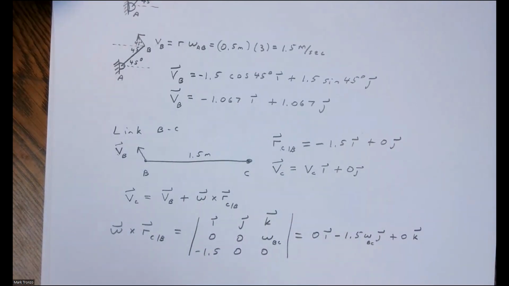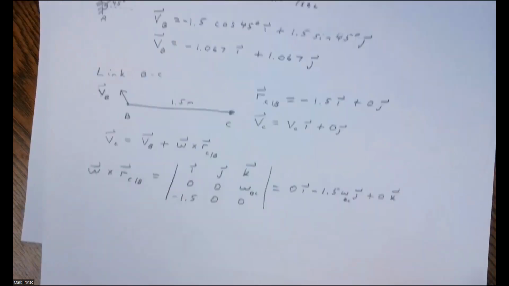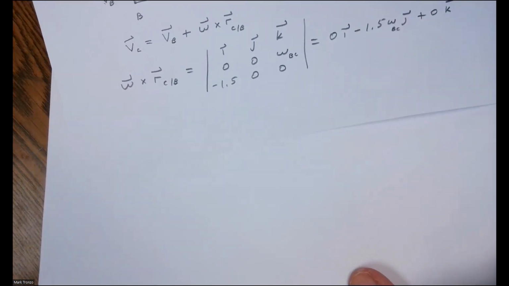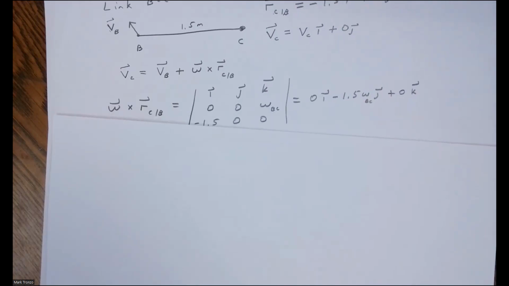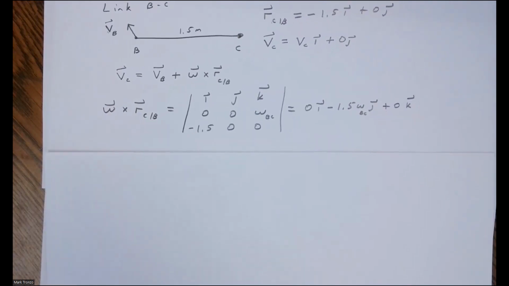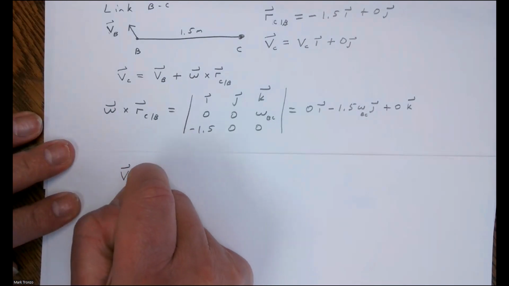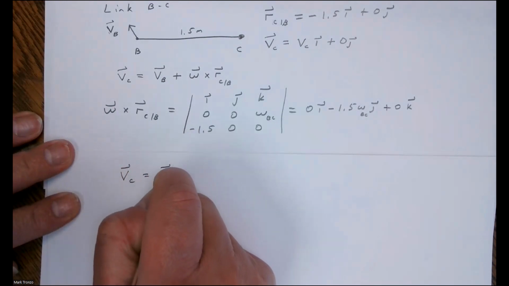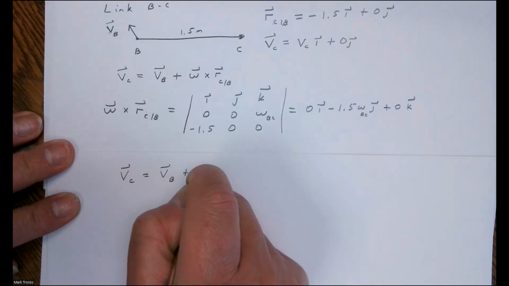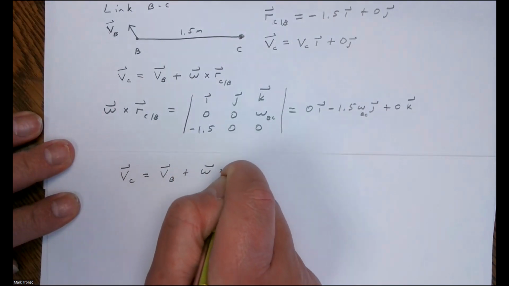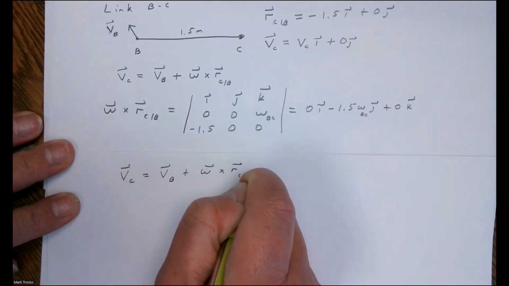Now, if we put everything into our equation up here, VC equals VB plus omega cross RCB.